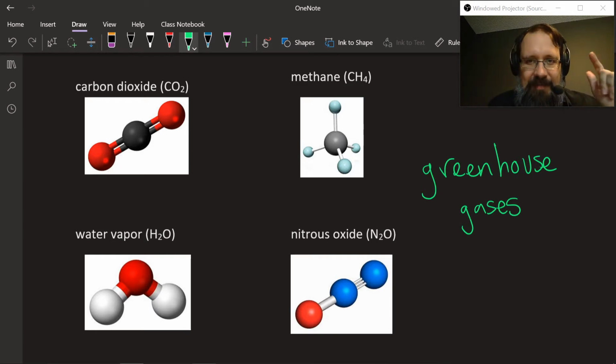But if it wasn't for these greenhouse gases, the Earth would be a frozen ball of ice. So the greenhouse gases are carbon dioxide, methane, water vapor, and nitrous oxide. And we're going to talk a lot about these guys today. There's a whole lot of science I want to go into on this, but just for now, just realize that these are the four main contributing gases that cause this warming effect called the greenhouse effect.